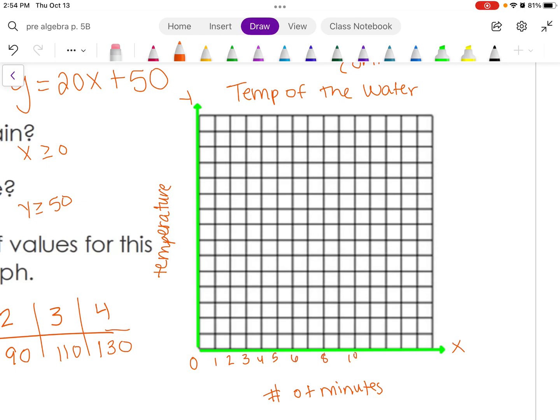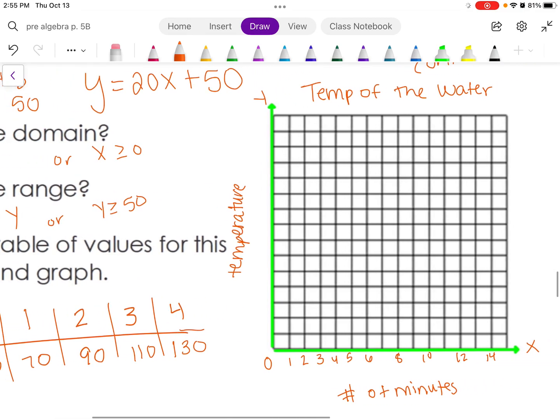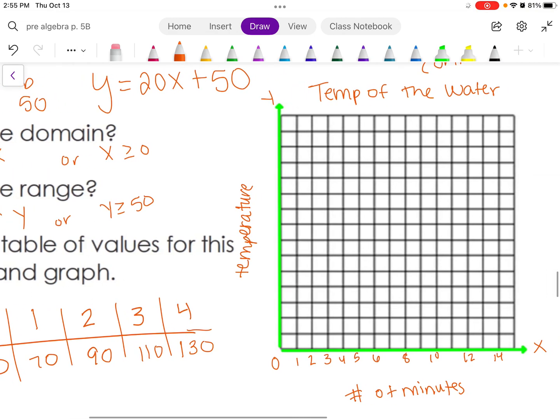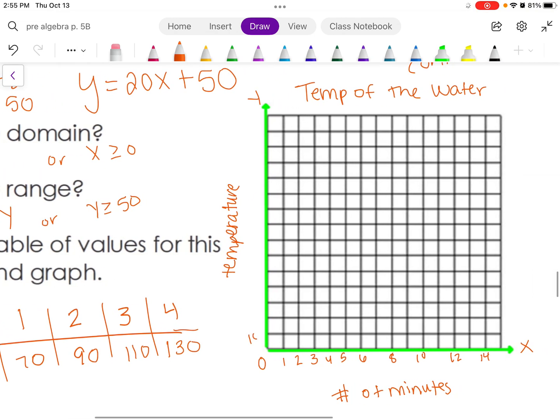I'm going to skip count for the rest of these. But for my temperature, that doesn't really make sense because I can't get up to 130 on this graph if I count by ones. So, we started at 50. I could go by 10s or 20s. I'm going to go by tens. 10, 20, 30, 40, 50, 60, 70, 80, 90, 100, 110, 120, 130, 140, 150.